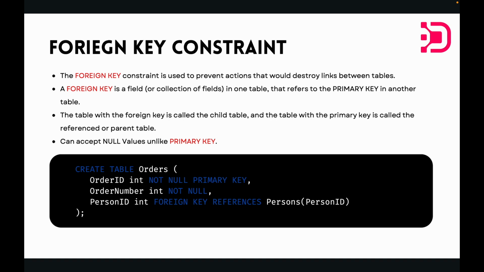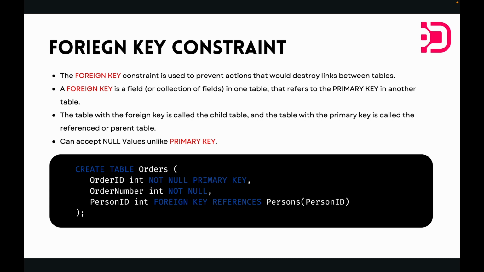So that table with the foreign key would be called the child table, and the table with the primary key is called the referenced or parent table. So there is a link created between a foreign key column in the child table and the primary key column in the parent table. And the foreign key constraint helps us to prevent actions that would destroy the links between these two tables. And unlike the primary key, it can accept null values.